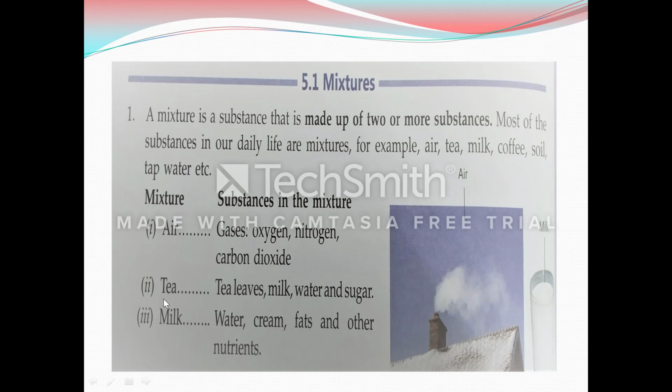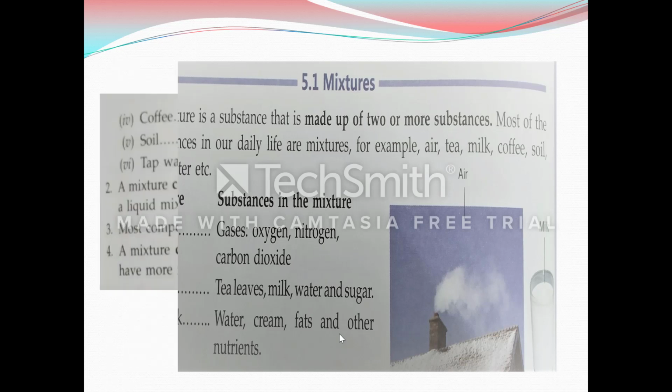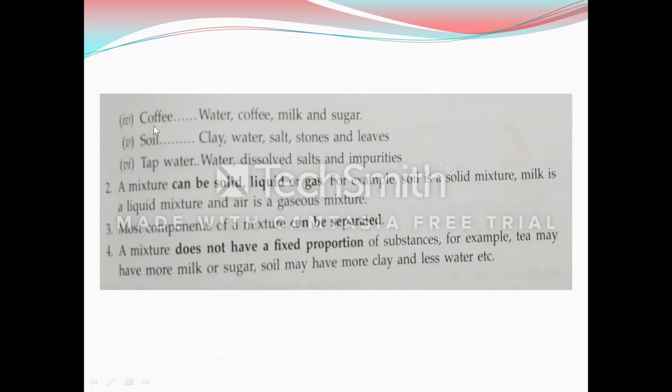Next, tea. You must have seen the preparation of tea in your home. Tea contains tea leaves, milk, water and sugar. Milk. When your mother gives you milk to drink, this particular milk contains water, cream, fats and other nutrients. Coffee.